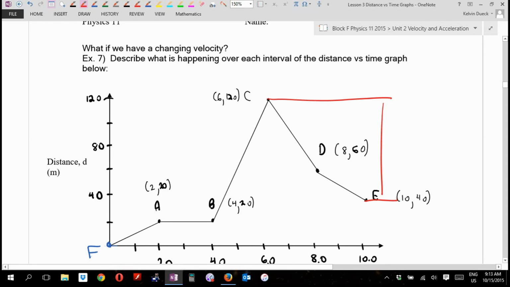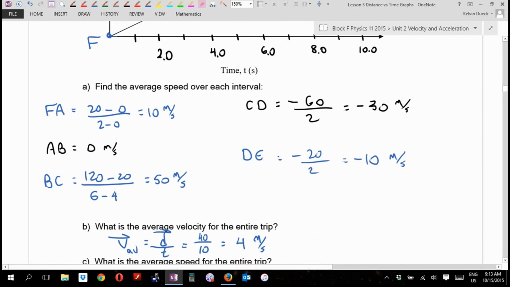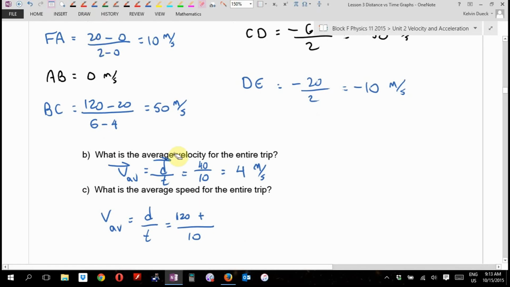How far is that? Don't tell me negative because distance is a scalar. Starting at 120, we ended at 40. How much further did we go? 80. Yes? So I could do that in my head too. It's 120 plus 80, a lovely 200, divided by 10. My average speed was 20 meters per second.